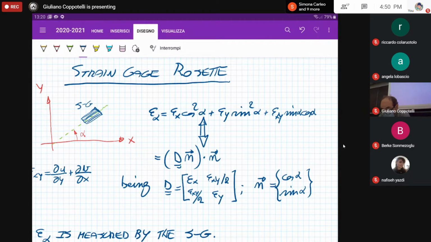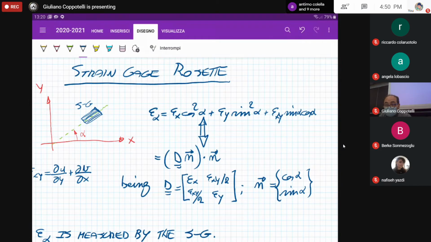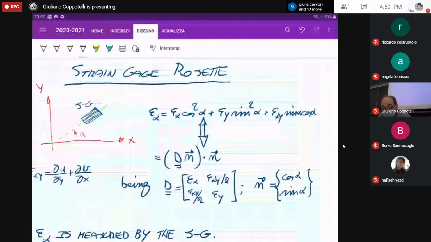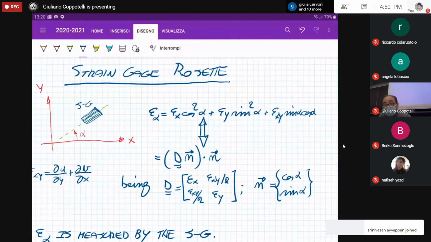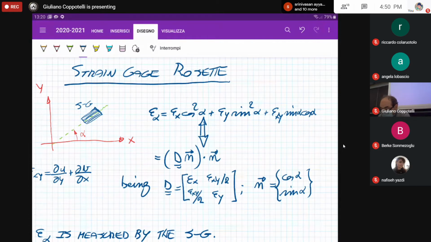If you have whatever strain gauge that is oriented in whatever direction with respect to a given reference frame, and the relation between the natural strain gauge measurement system and the reference frame is given by the angle alpha, then we prove that the strain in the direction alpha is related to the strain in the xy direction as well as the shear strain from the equation that I've just wrote at the top of this page.